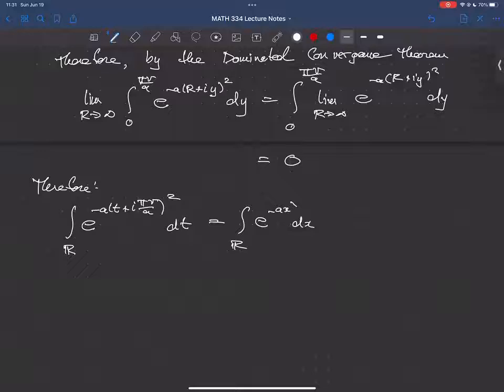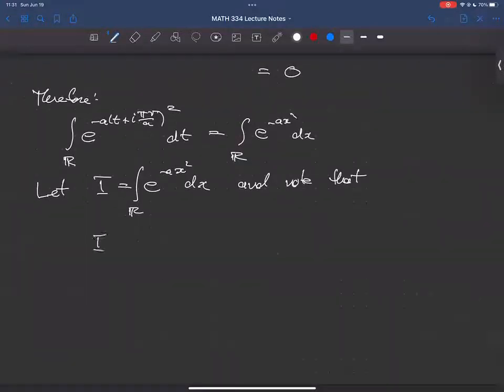All right, so let I equal the thing I want, which is the integral over R of e to the minus a x squared dx, and note that I squared is the integral over R of e to the minus a x squared dx times I, and I'm going to now write I in a particular way, just changing the variable of integration.